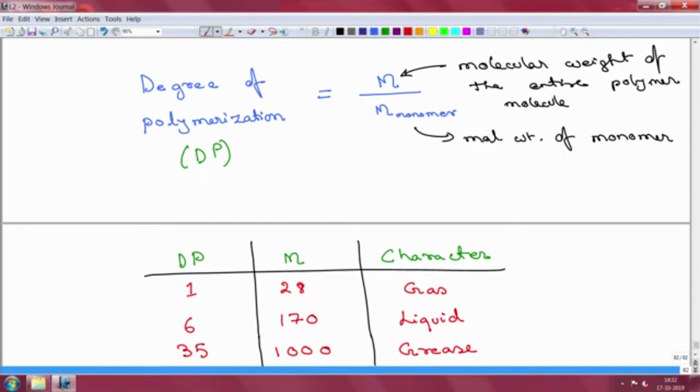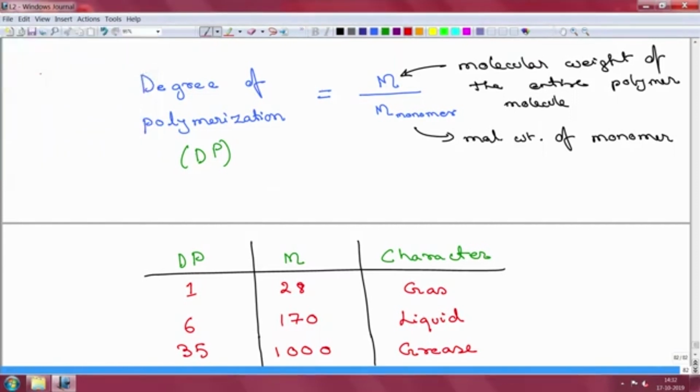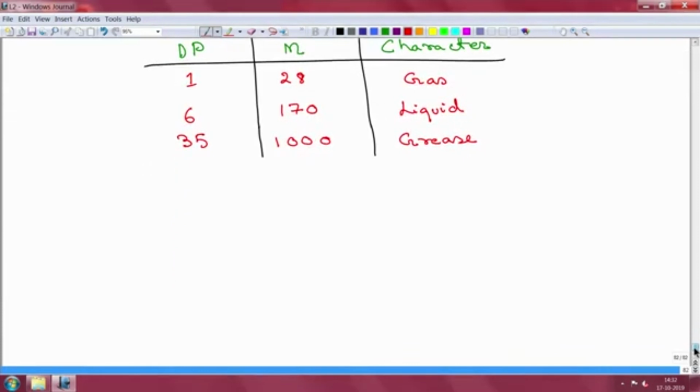So, that is why this degree of polymerization is very important, and how much the molecular weight is, these numbers are very important when you are working with any of these polymeric compounds. Now, there is also one more molecular weight, which is the viscosity average molecular weight. So, I will just mention it here. So, this is called viscosity average.